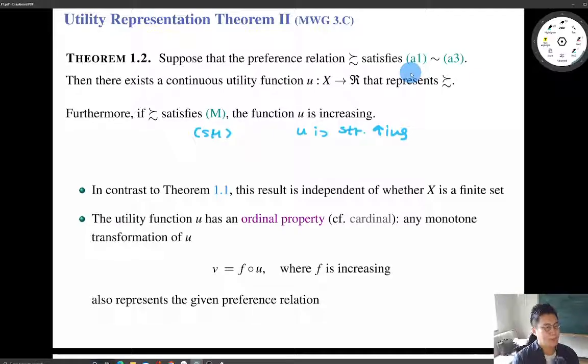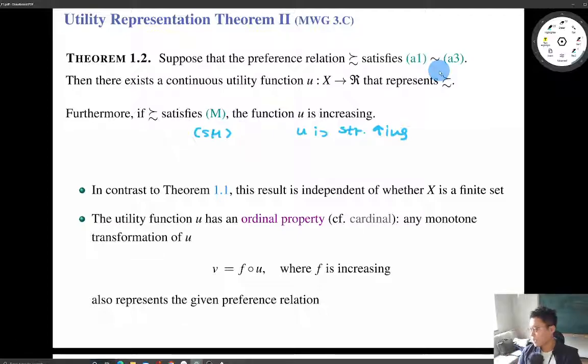The major difference from the previous theorem, the first version of the utility representation theorem, is that this result is independent of the characteristics of the consumption set. No matter whether it is finite or infinite, under these assumptions we have existence of a utility function.